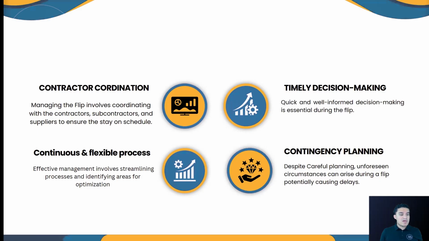Continuous and flexible process. Effective management involves streamlining processes and identifying areas for optimization. There are a few things you're going to have to consider when working on flips. For optimization, if you're looking at a property in a really good neighborhood, and the other houses have really nice kitchens and sold recently, then work on that.